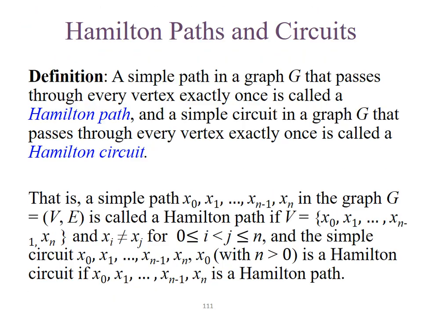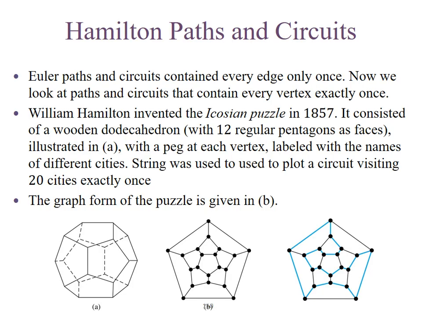Actually we have seen the example of the Hamilton problem. The original Hamilton problem is a wooden ball with 12 pentagons as its surface. If you consider this graph, we have a lot of edge crossings, but you can press this wooden ball onto the surface to make it a planar representation.